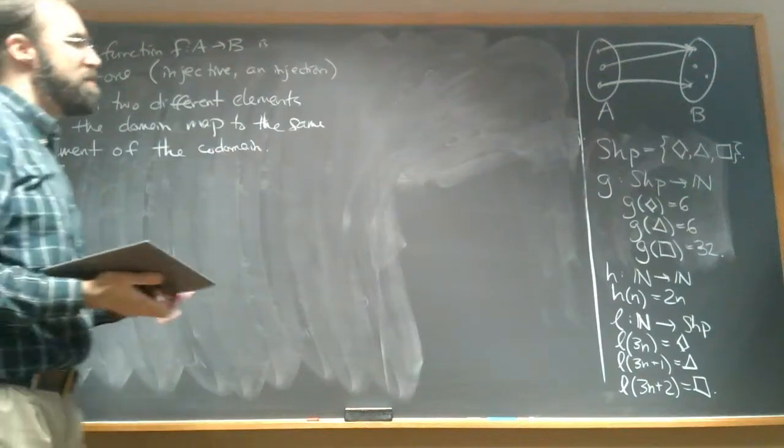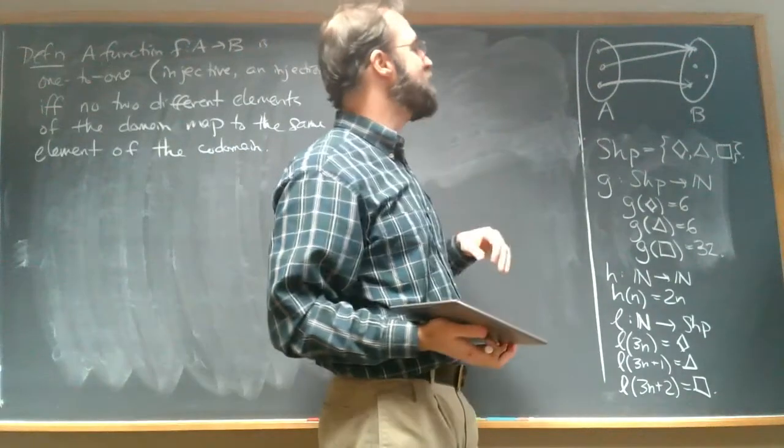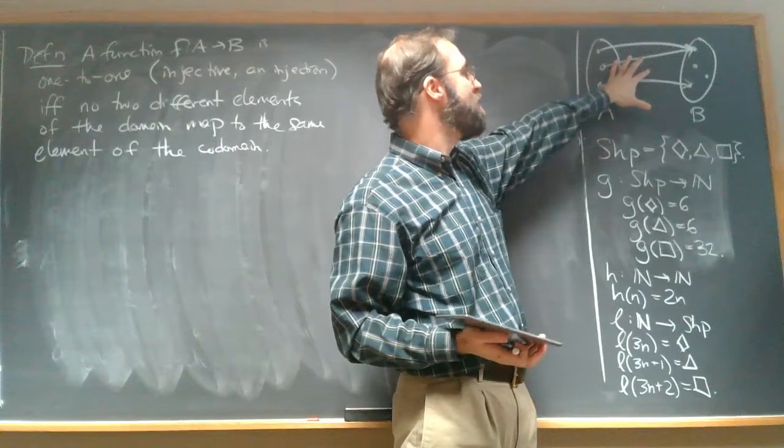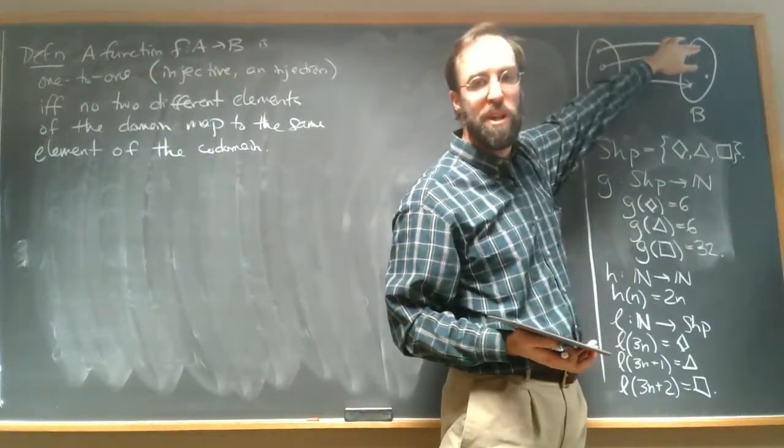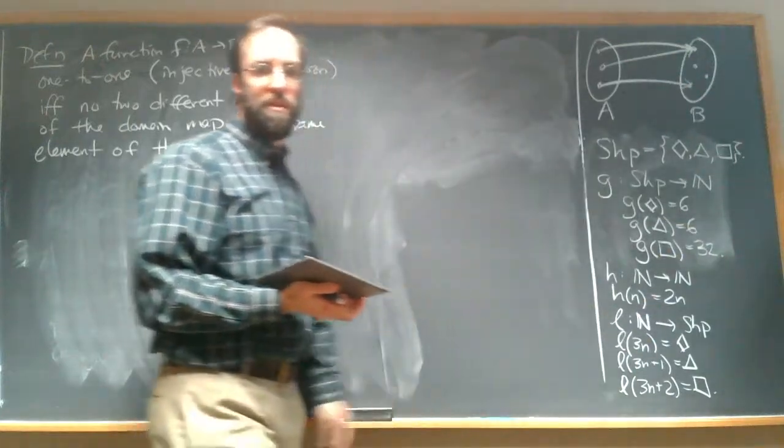Okay, so this was actually the problem I said second. So this function here is not injective because these two elements of A both map to the same element of B. So this would not be injective.